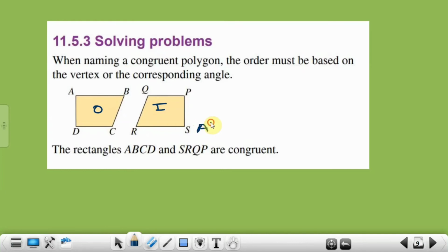Then this is B prime, then this is C prime and D prime. But they name the image by another name. So it's okay, but you need to name this polygon using the same order. Means that it must start from S, because S is the A prime. So S, R, Q, P. So this is how you name a congruent polygon.